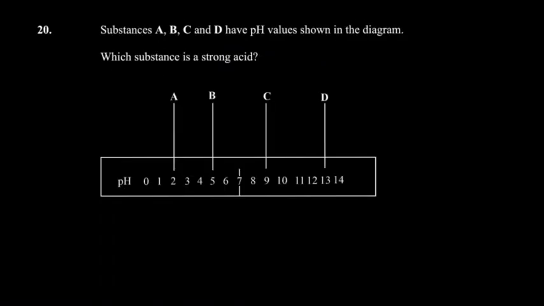So the last question says, which substance A, B, C, or D has the pH values shown in this diagram? Which substance is a strong acid? Okay, so this is the pH scale.